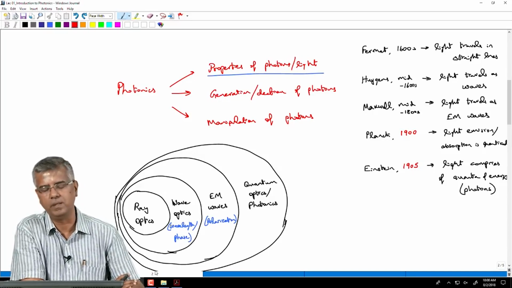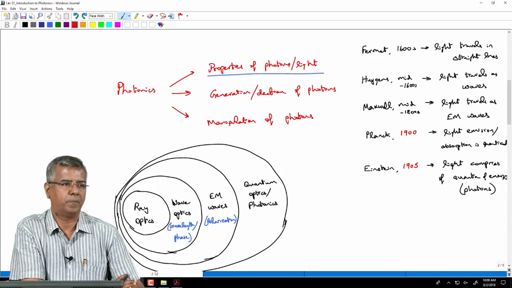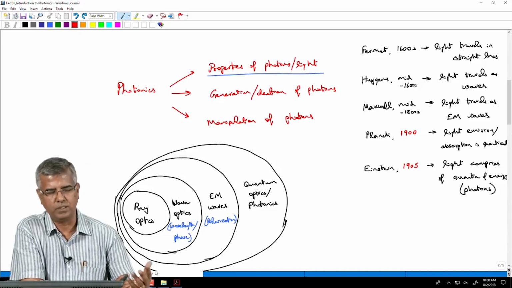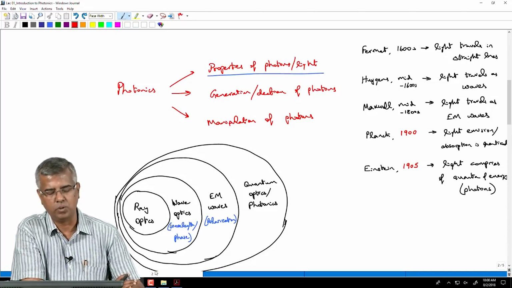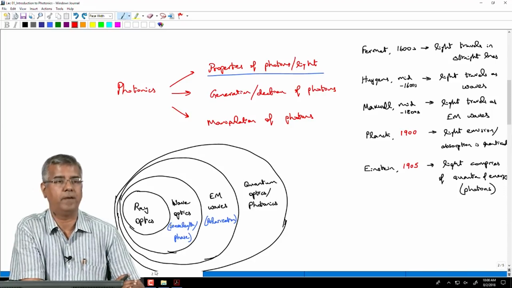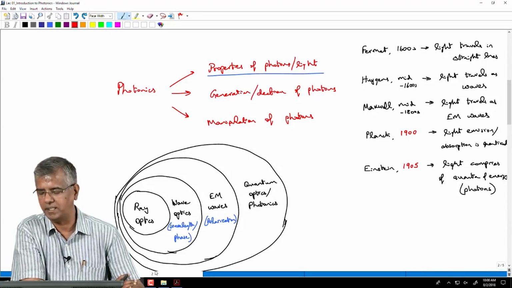It is a very simple concept, and then we say, okay, ray optics cannot explain everything, some of which we are going to actually look into in a little more detail today.